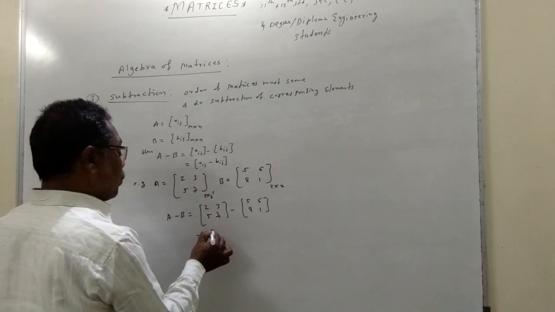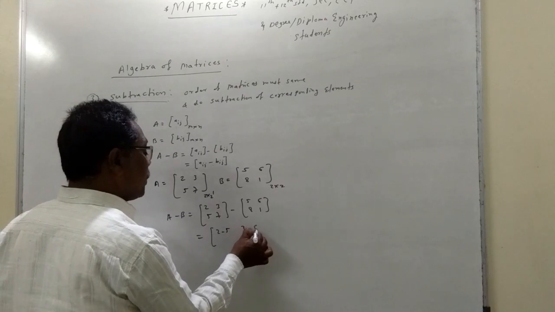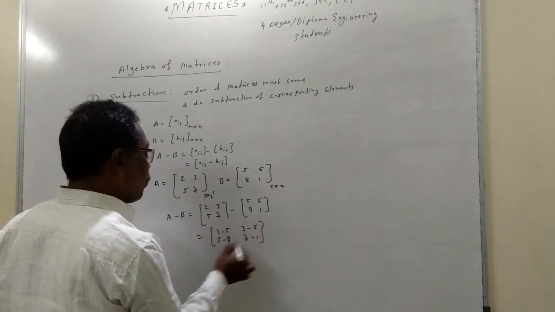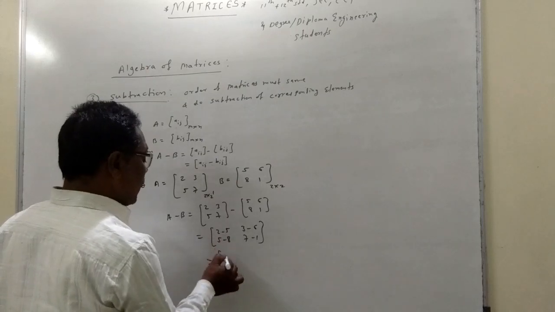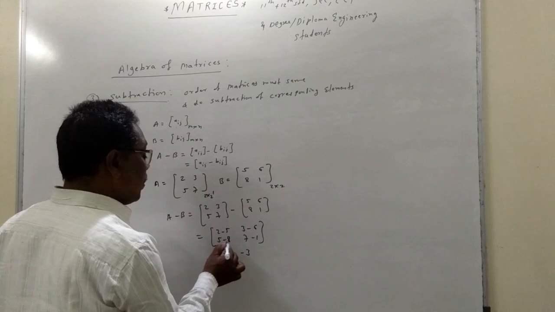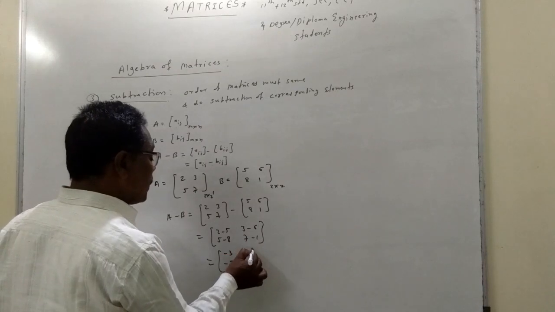That is 2 minus 5, 3 minus 6, 5 minus 8 and 7 minus 1, the subtraction of corresponding elements. So that is minus 3, minus 3, minus 3 and 6.